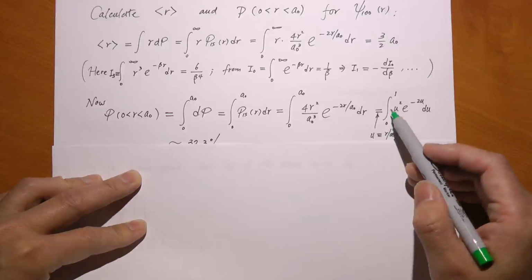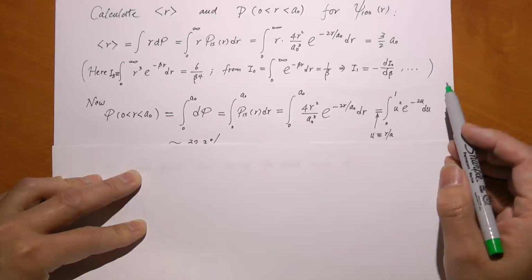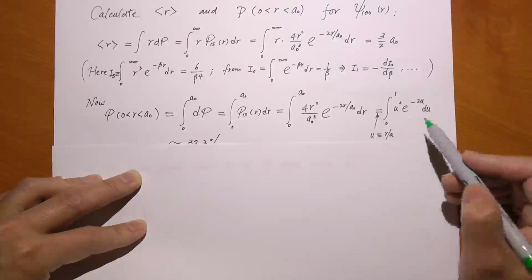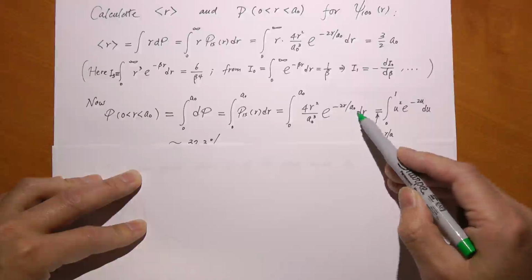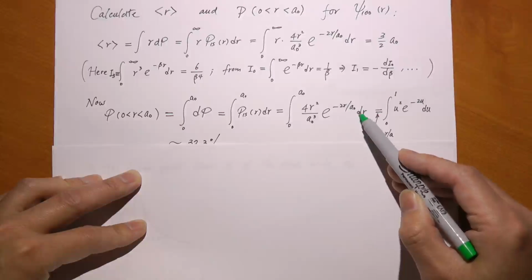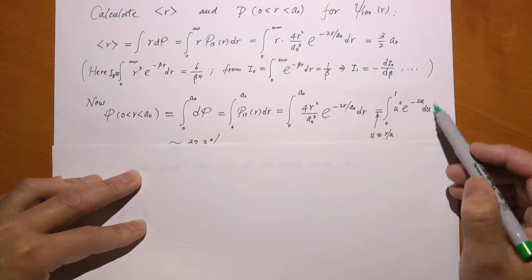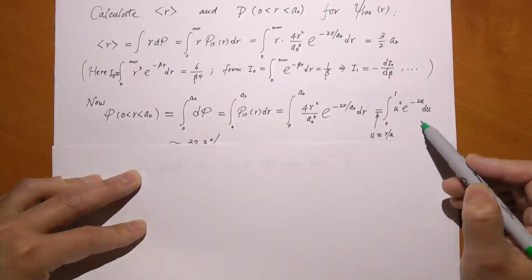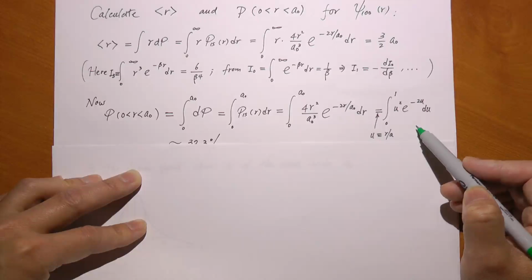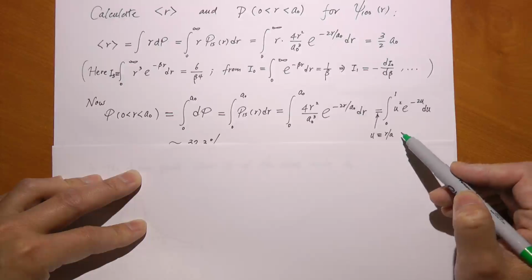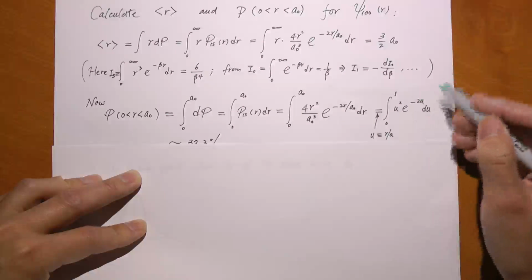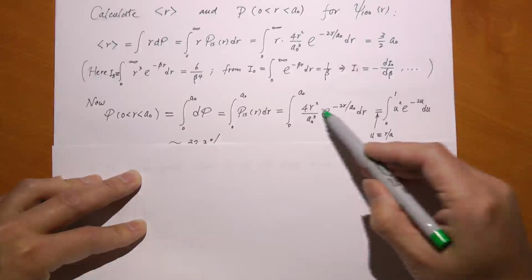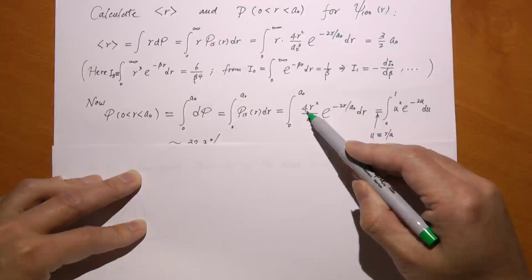There is a little trick: we use a new dimensionless variable u, defined as r over a naught. If you do that, you're going to turn this integral into something like this. And in fact, there's got to be a 4 here, because there's a 4 here.